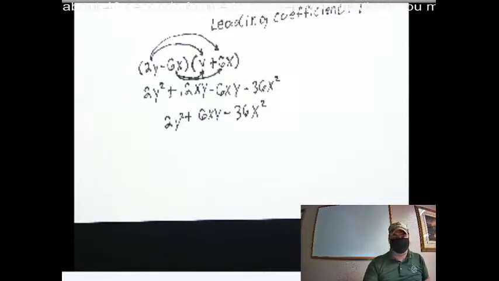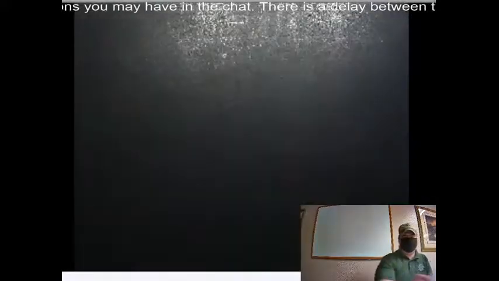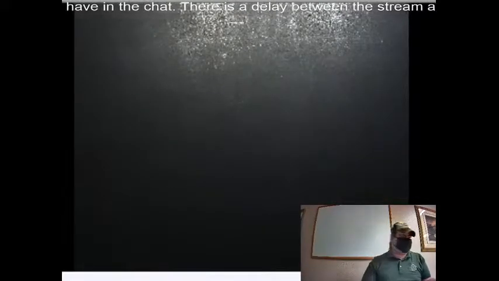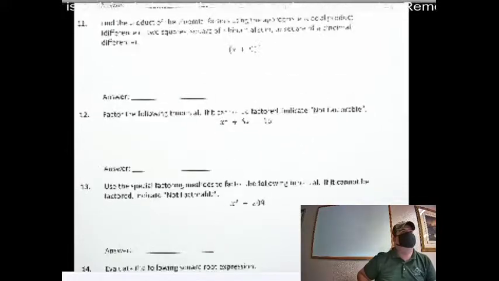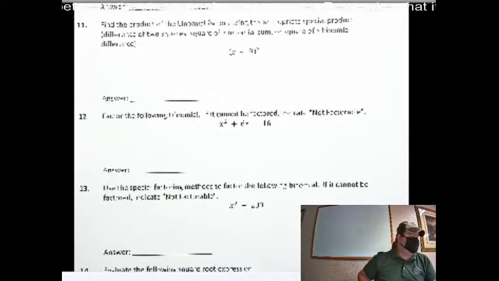What questions do we have? Okay. Next. Find the product of the binomial factors using the appropriate special product, difference of two squares, square of a binomial sum, or square of a binomial difference.